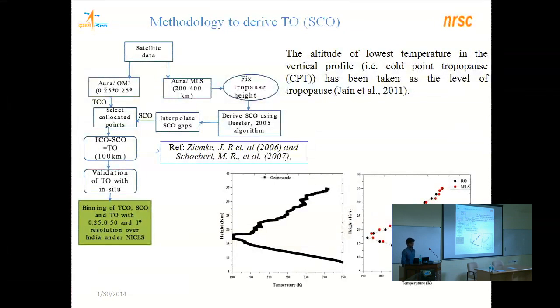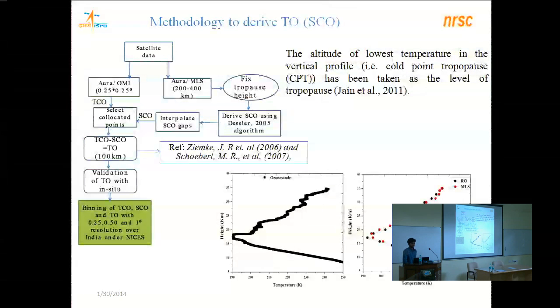Before calculating tropospheric ozone, we need to fix the tropopause height, because I'm separating the stratospheric columnar ozone from the total columnar ozone. To calculate stratospheric columnar ozone, I have used the Dessler algorithm 2005.